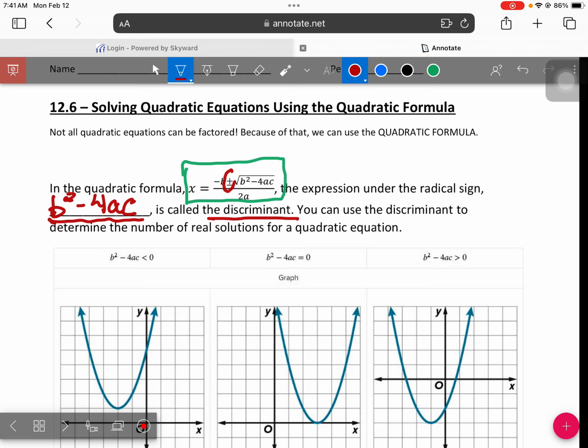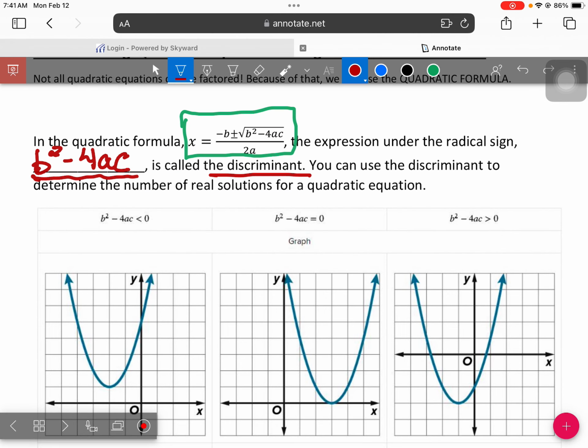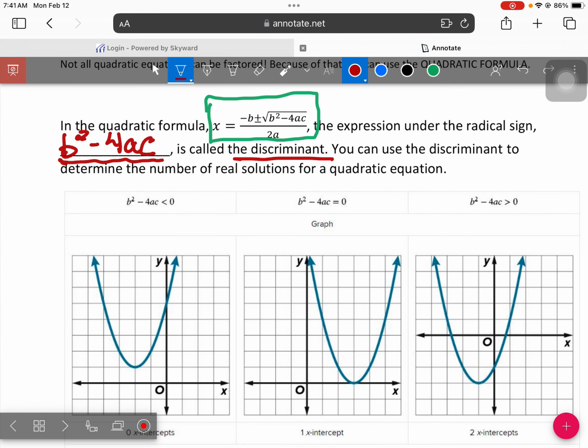Well, that comes in with the plus or minus. That's where we get our two values, because we're going to have opposite of b plus the square root of that discriminant all divided by 2a, and opposite of b minus the square root of that discriminant divided by 2a. But this part under the radical right here, that I am circling, just that part, is called the discriminant.